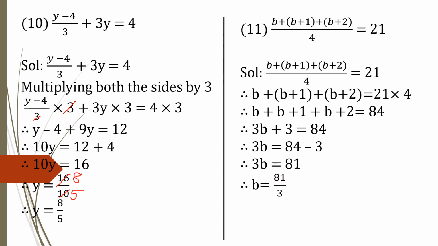Further we can reduce. So it will become 3 1s are 3, 3 2s are 6. So 2 remain, 21 it will become. So 3 7s are 21. So you'll write 7 over here. So you got value for b is equal to 27.